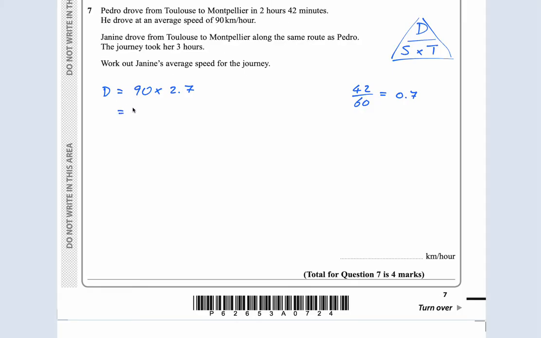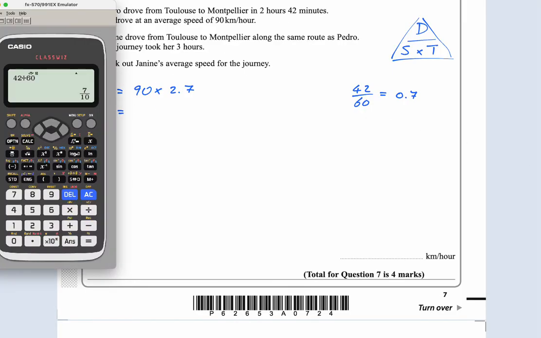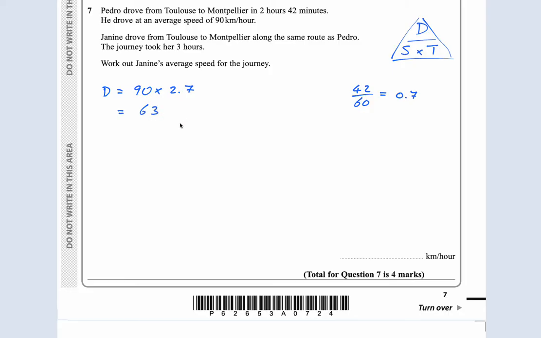So the distance is 90 times 2.7, which is 63. So the distance is 63. Now for Janine, let's do Janine's speed. To find the speed, we do distance divided by time. So the speed is distance, 63, over the time.